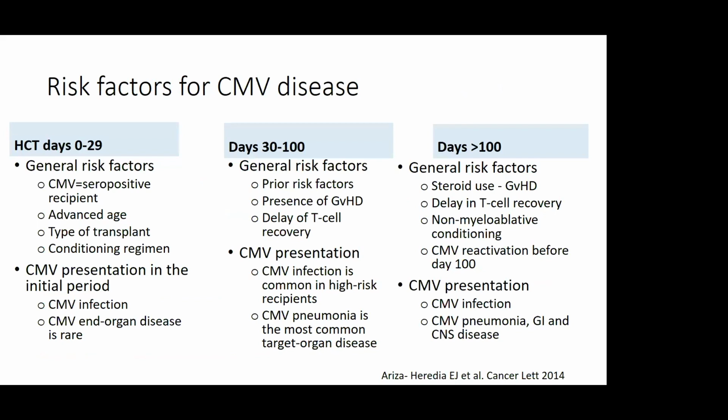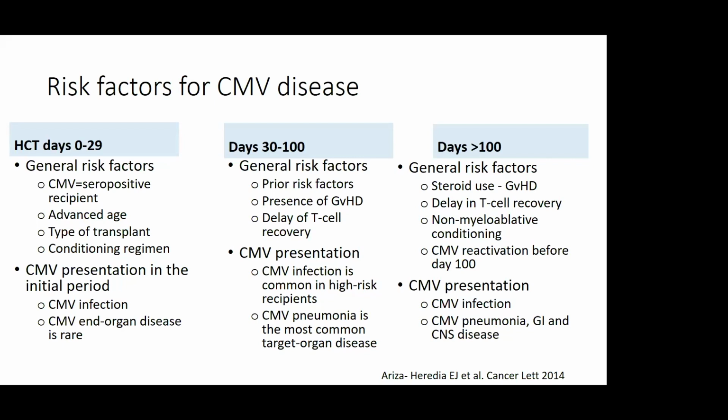And we normally look at CMV disease in terms of risk factors, and risk factors themselves are divided historically into early problems, like the first few months, 3 months, first 100 days, and beyond the first 100 days.